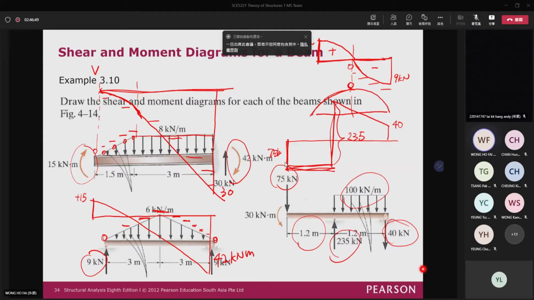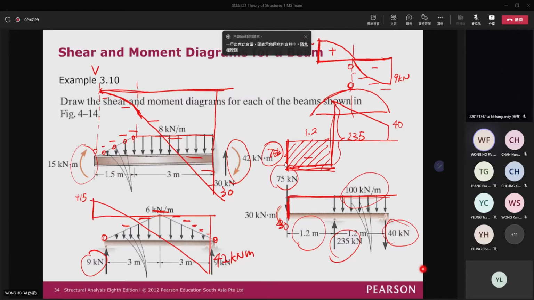And then for the bending moment, again, you can draw quickly. Because this one is concave downward, so actually it is a negative value, right? And actually you can find the values. This one is equal to 30, and this one is a negative value. By finding the area here, it is 1.2 at the distance, and then you multiply by the value of 75, you can find the increase of the bending moment, because the area of the shear force diagram becomes the change of the moment.